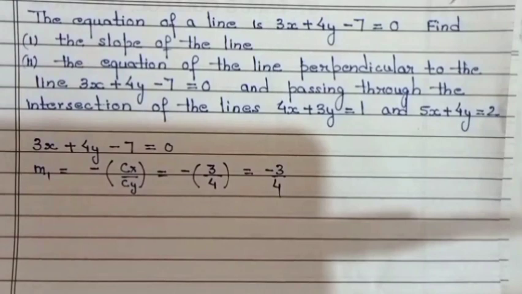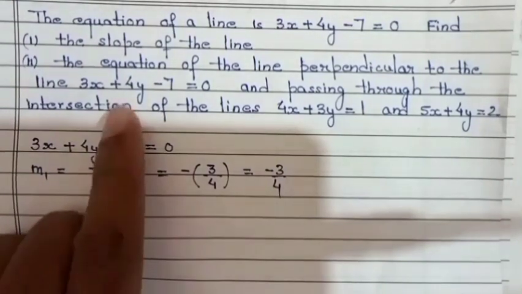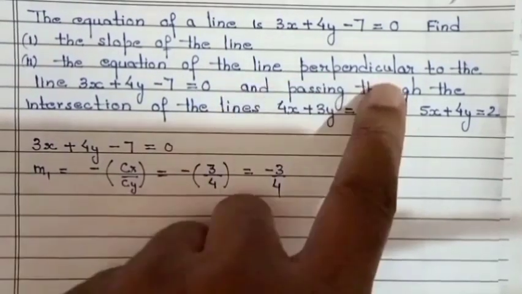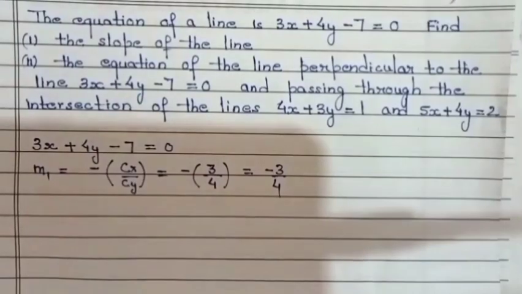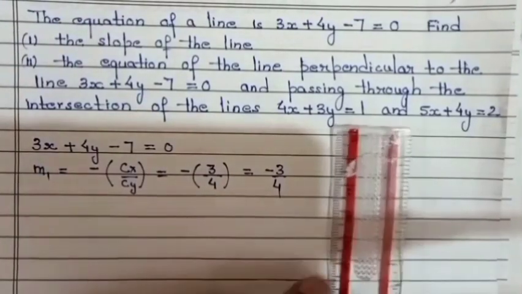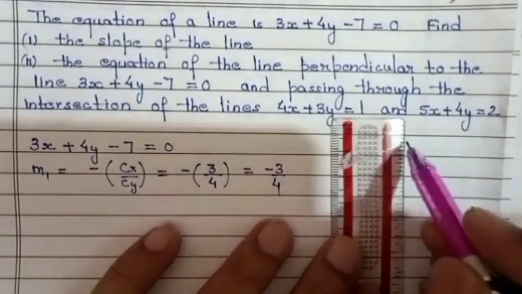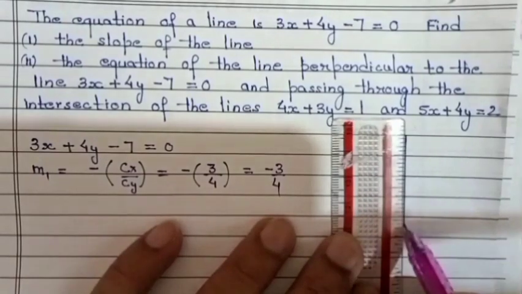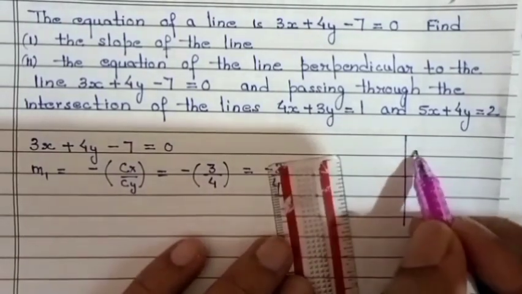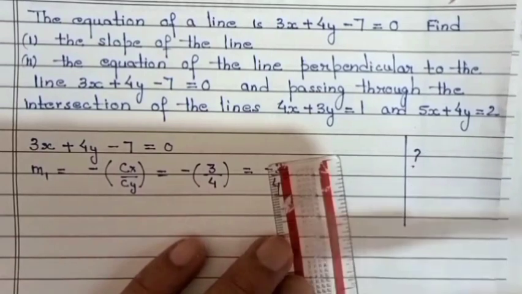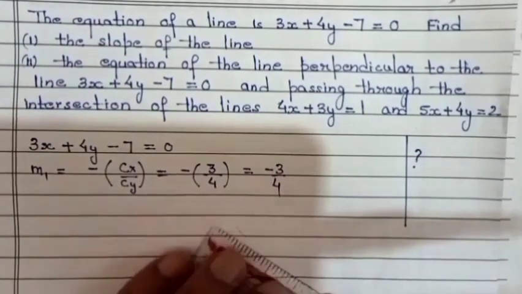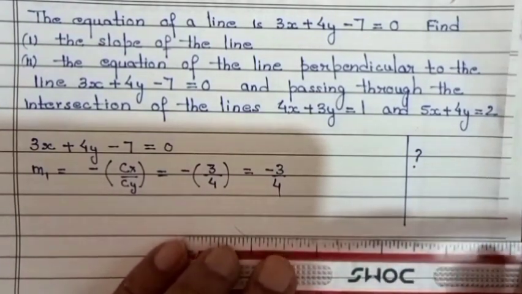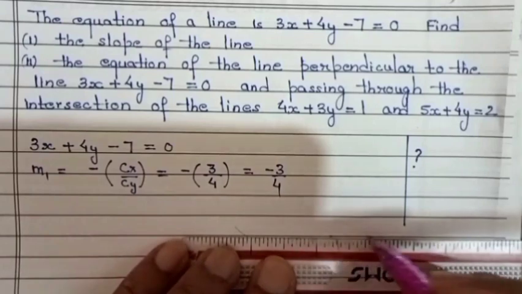Now the question says we need to find the equation of a line which is perpendicular to this line. So if I draw a rough sketch for you, we need to find the equation of a line. So let this be the line whose equation is to be written. Now this line is perpendicular to the given line.